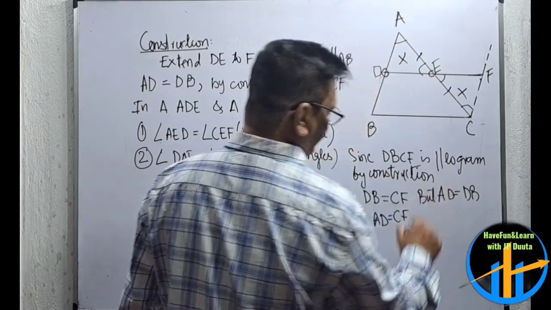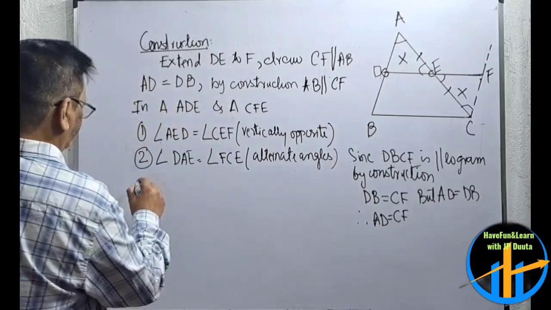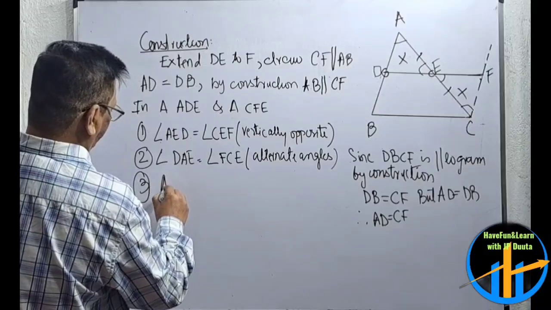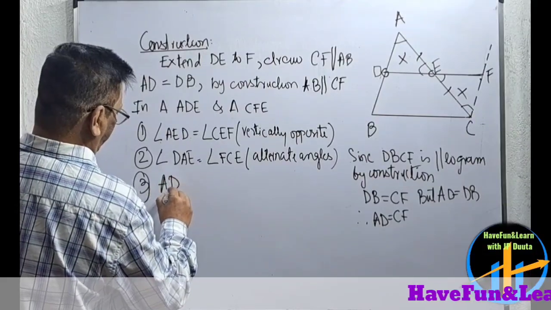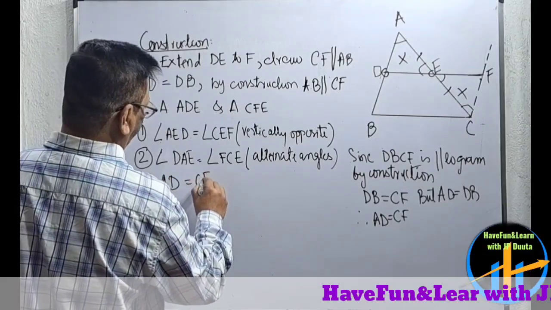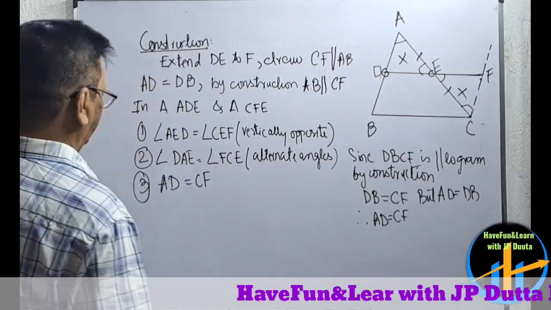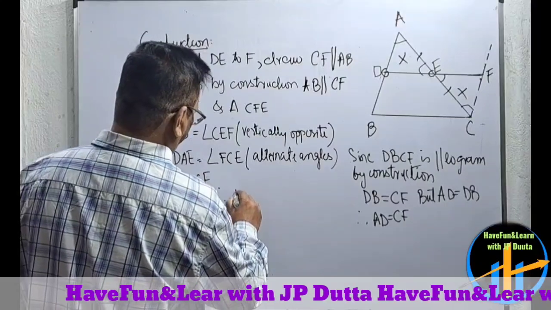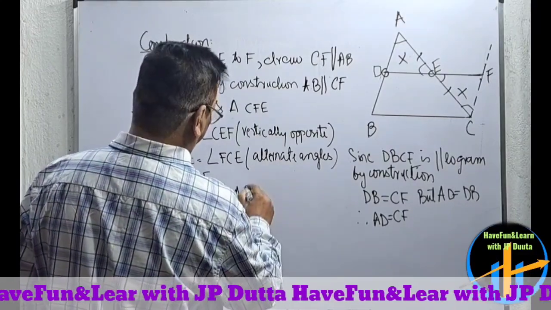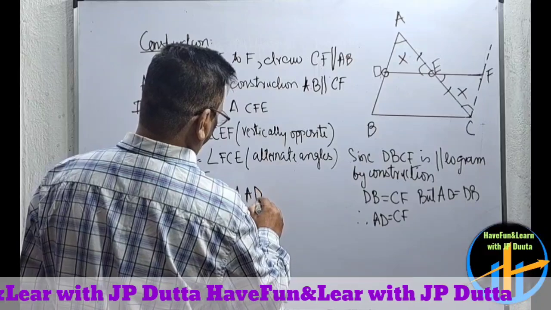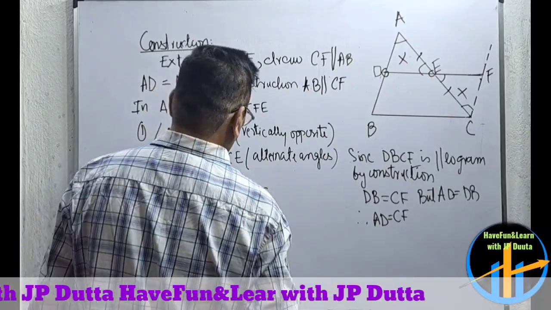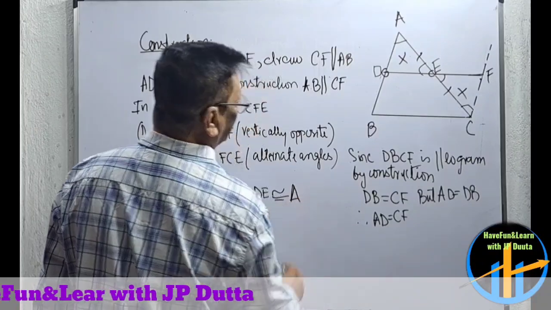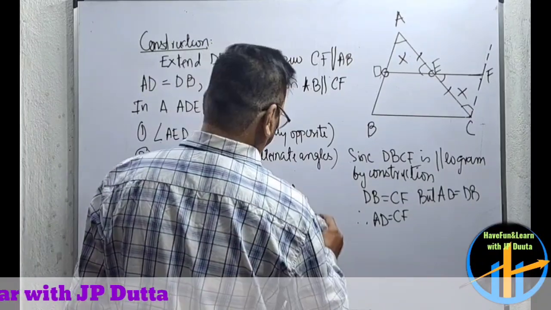Right? So number 3 we have AD is equal to CF. Therefore, triangle ADE is congruent to triangle CFE.